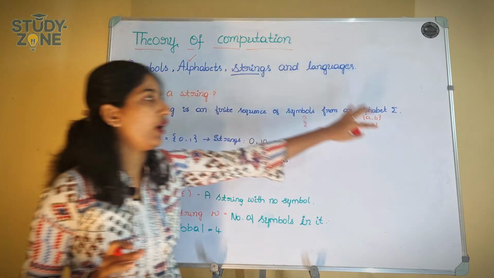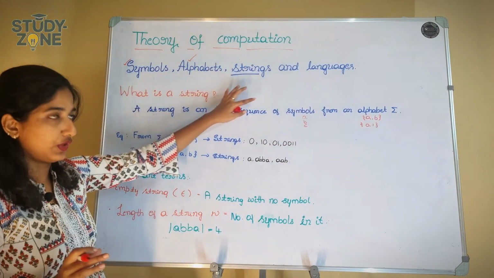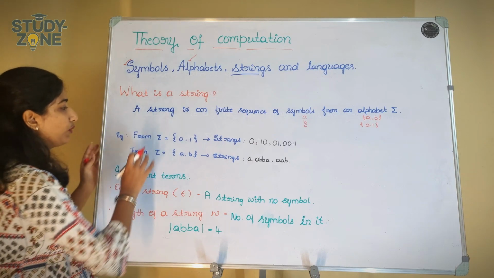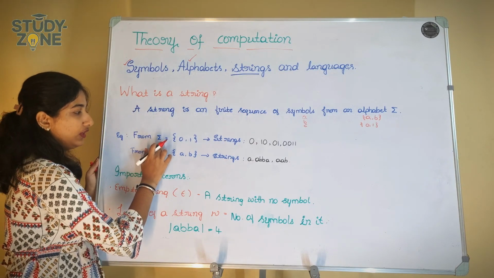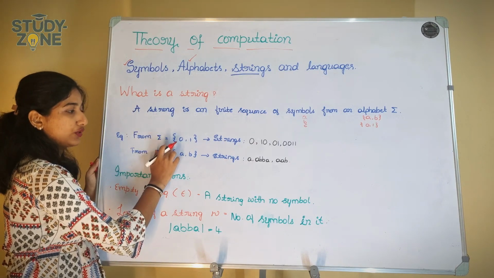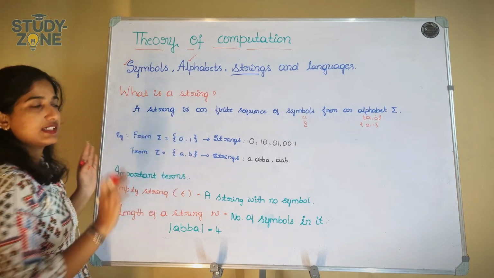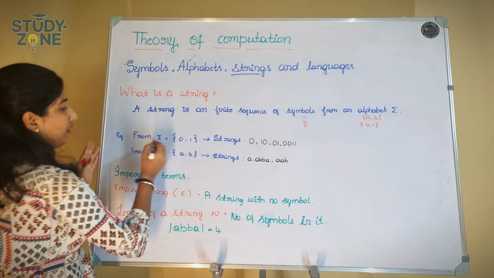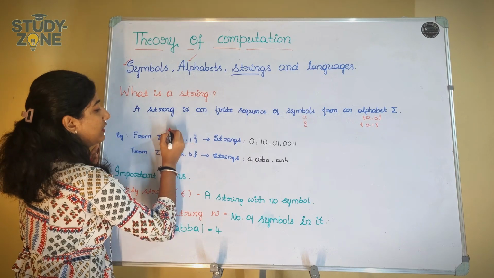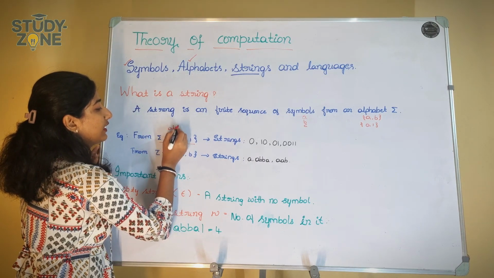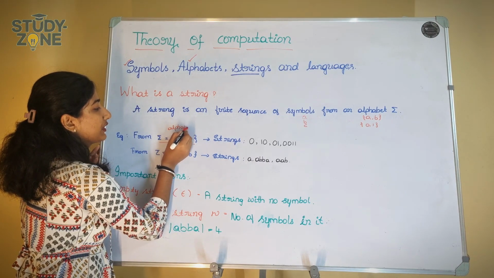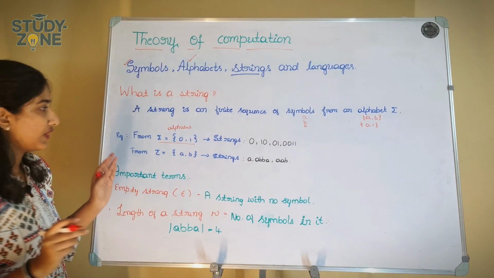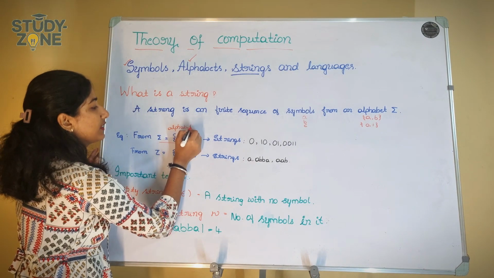With the help of the alphabet we are taking a sequence of symbols. So we have sigma equals to 0, 1. This is an alphabet, and from this we have to derive a string.